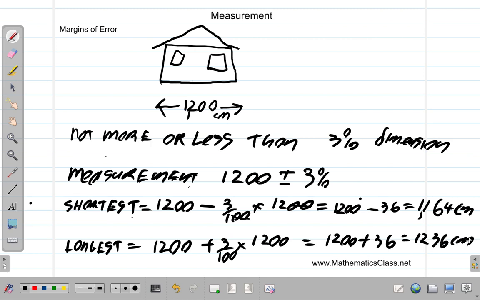So the shortest house allowed is 1164 centimeters, and the longest house allowed would be 1236 centimeters. In this case, remember the margin of error would be plus or minus 3%. It can be 3% more or 3% less.